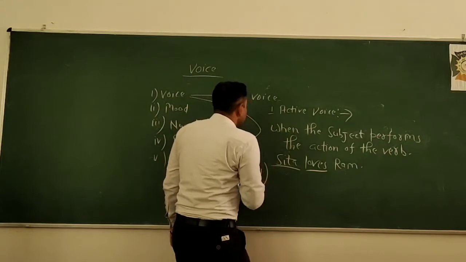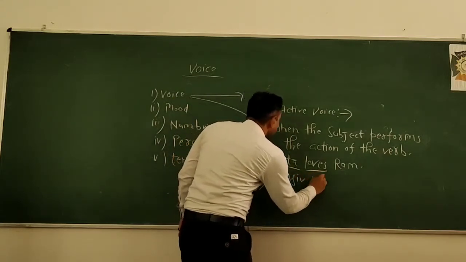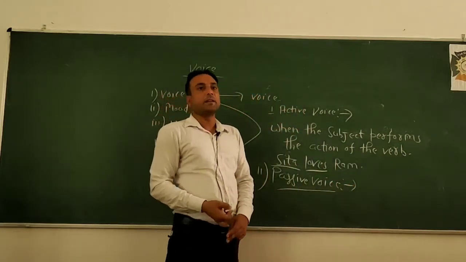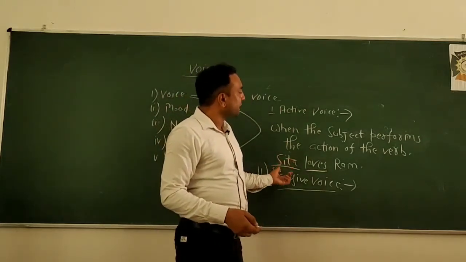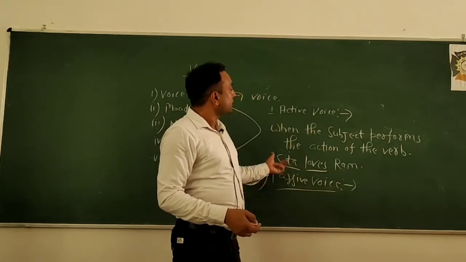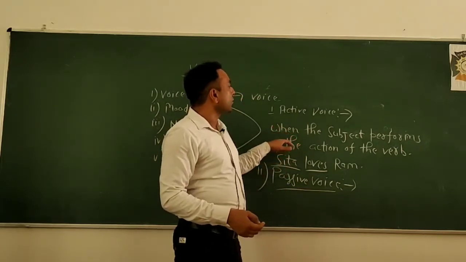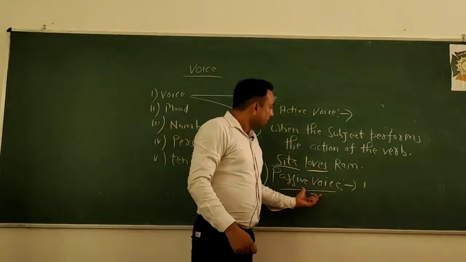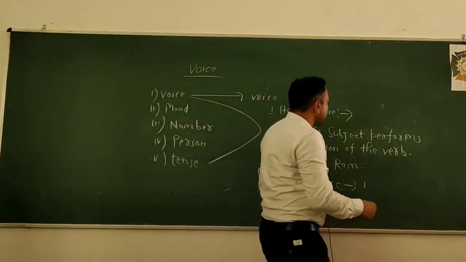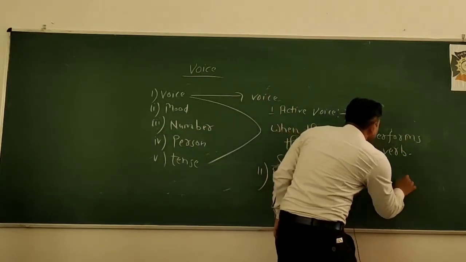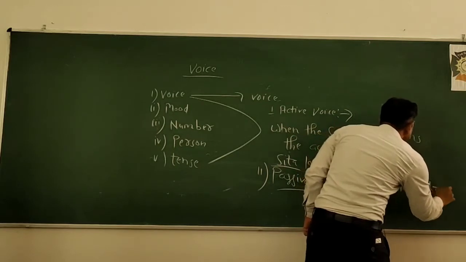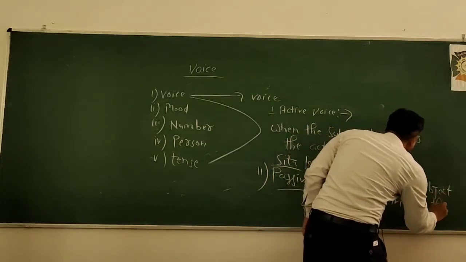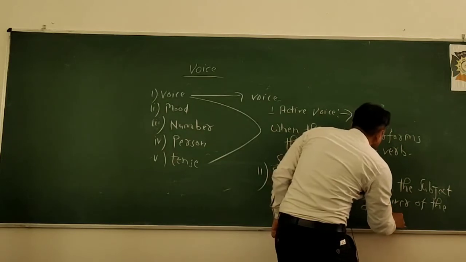And the second is passive voice. A sentence is said to be in passive voice when the subject does not perform the action of the verb, when the subject is the receiver of the action.